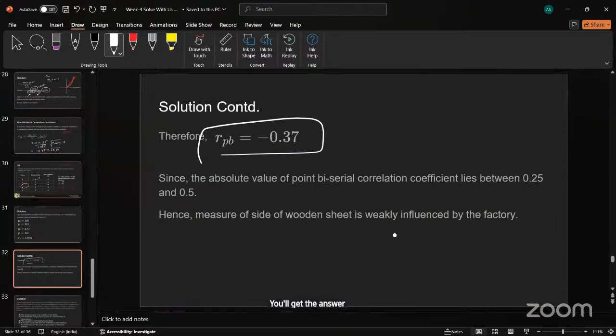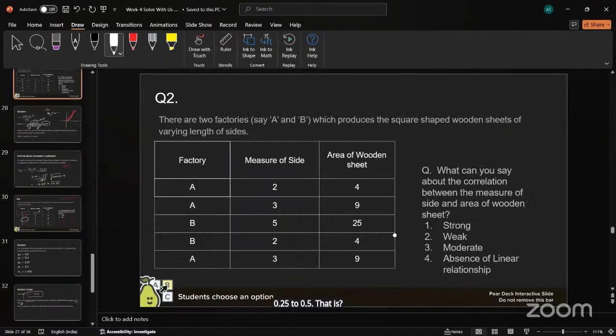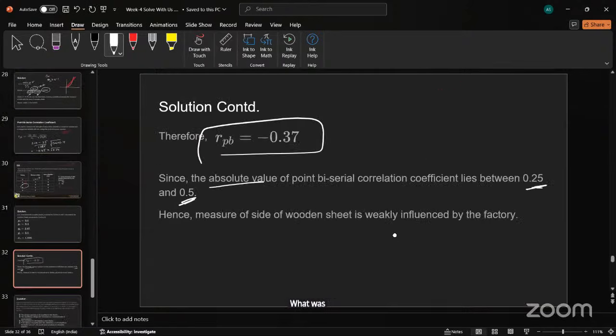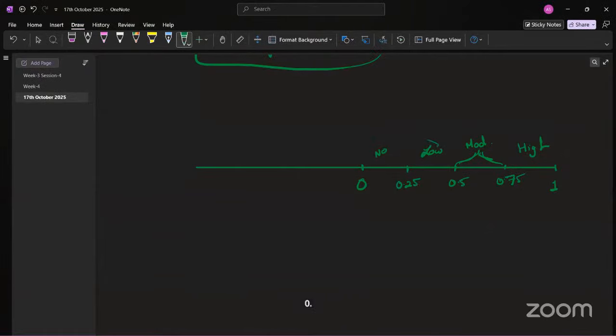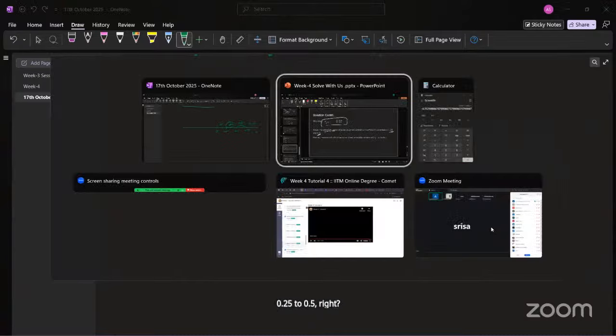You get the answer minus 0.37. So here the absolute value of the point biserial correlation coefficient lies between 0.25 and 0.5. We have a negative here, but if you check the absolute value, 0.37, it lies between 0.25 and 0.5.